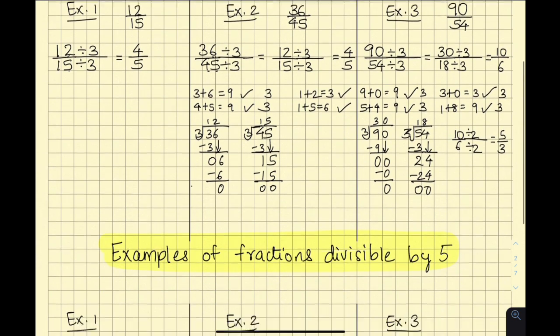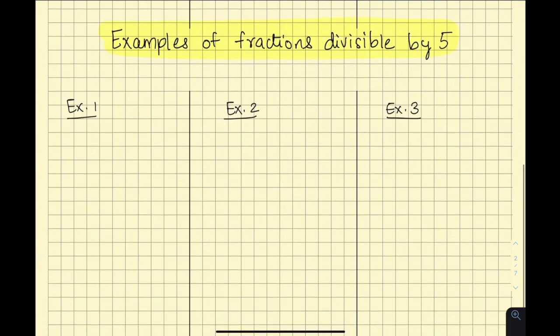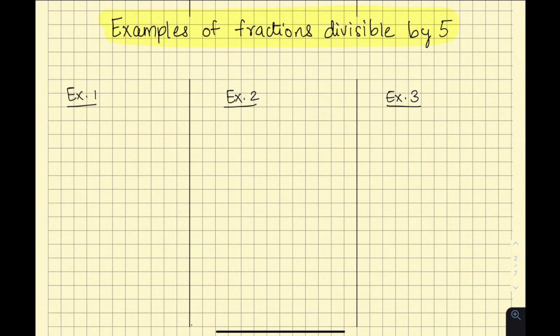Now we move on to examples of fractions divisible by 5. So for divisibility by 5, numbers which have 0 or 5 in the units place are divisible by 5.